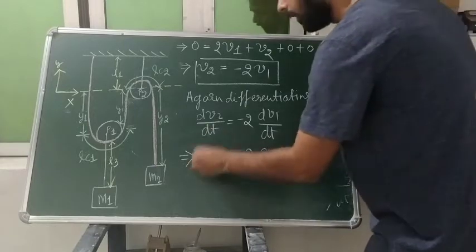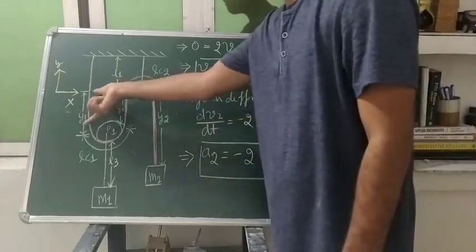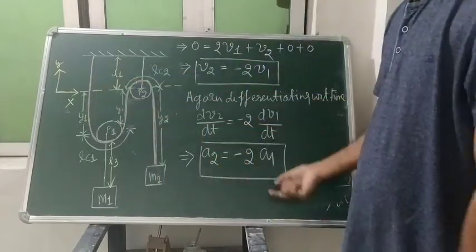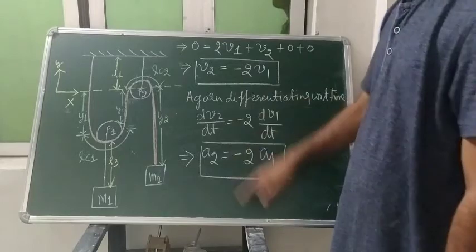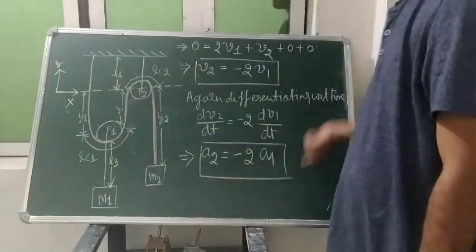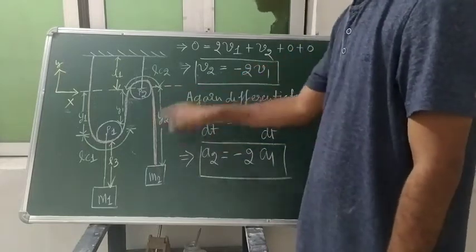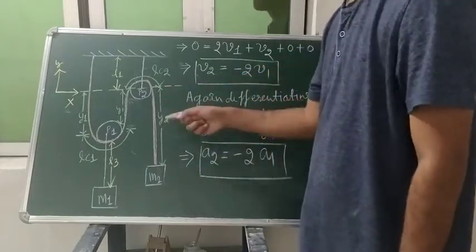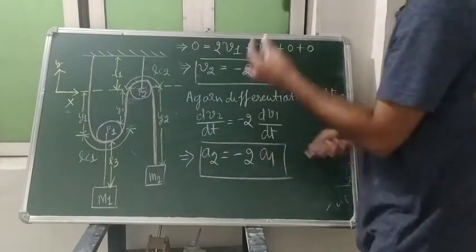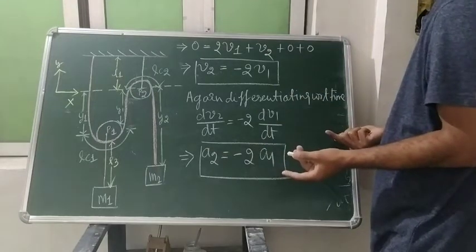a1. The meaning is that whatever will be the acceleration of this y1, or since it is attached to the pulley P1, whatever will be the acceleration of this y1 or pulley P1, twice of that acceleration will be the acceleration of this y2, or you can say block m2, since it is attached to the block m2, and they will be in the negative direction.